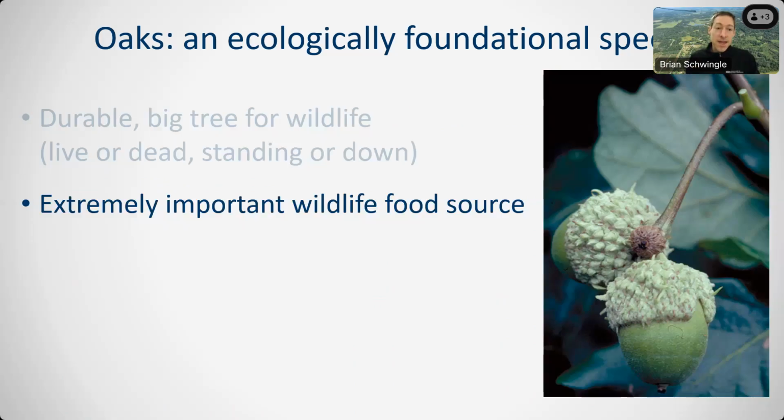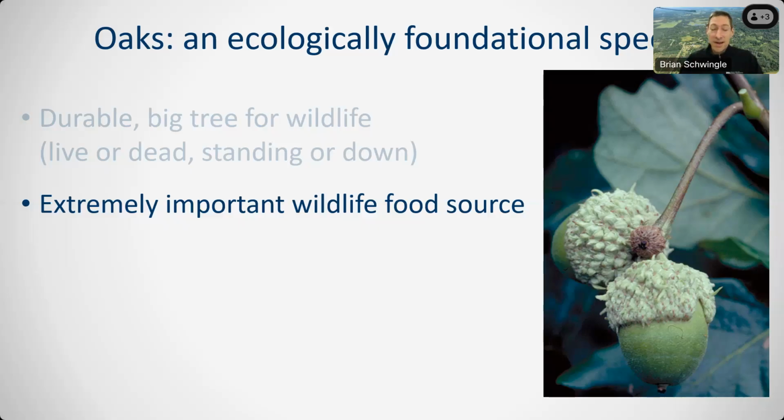And of course, I'm sure all of you know this, that they make acorns. Acorns are a type of wildlife food called hard mast, a shelled, not very perishable food source that's really high in protein, fats, and carbohydrates. And again, because they are so dominant, oaks produce more hard mast than any other tree in eastern North America, including Minnesota.